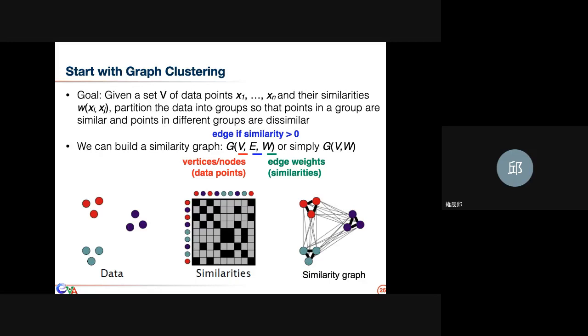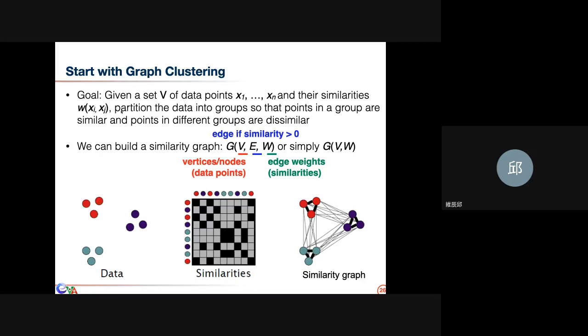Graph clustering is actually quite easy to understand. For instance, you are given a set V of data points x1 to xn, that is your data set, and you are also given their similarity, right? You have the similarity W for every pair of data points.